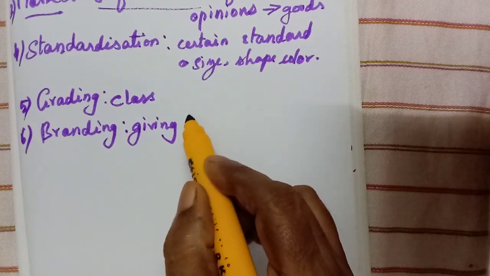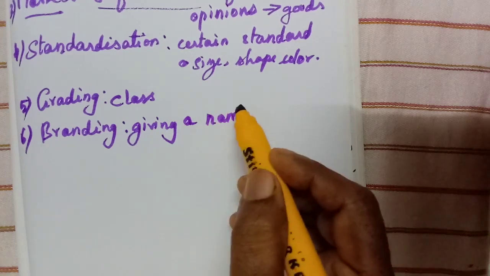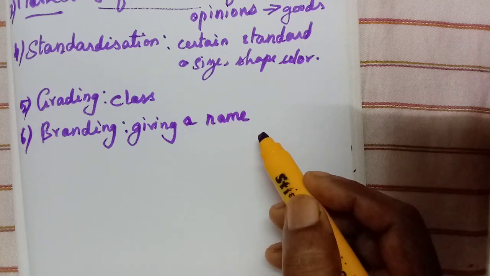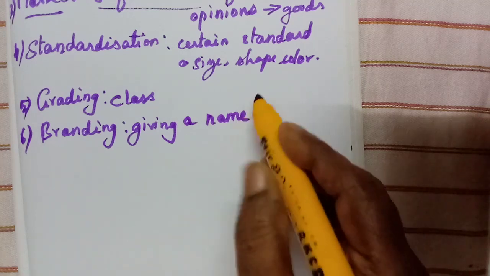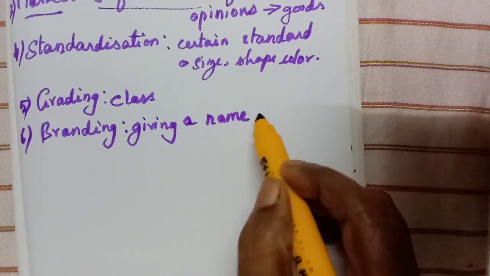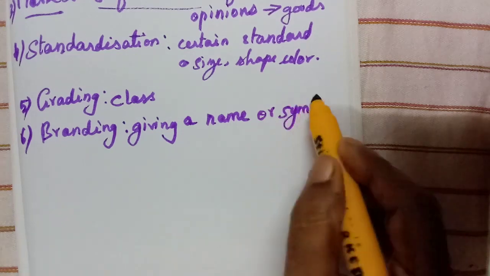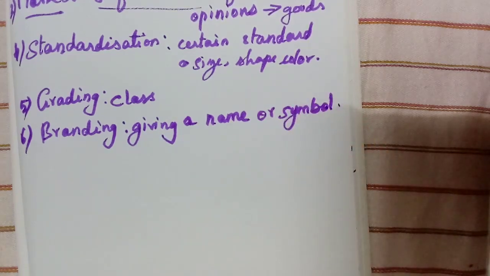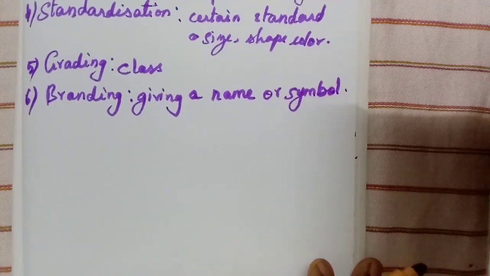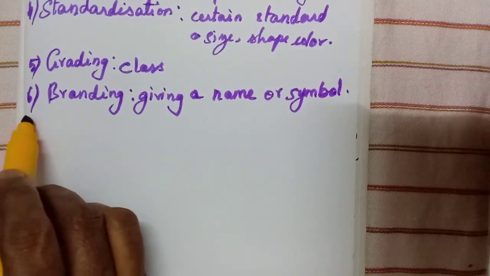So giving a name or symbol for the product in order to differentiate it from the goods of the competitors. By seeing the name or symbol we will know, okay, this is the brand, so we will try to purchase that one, isn't it?